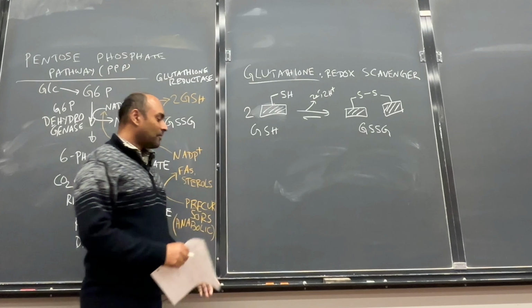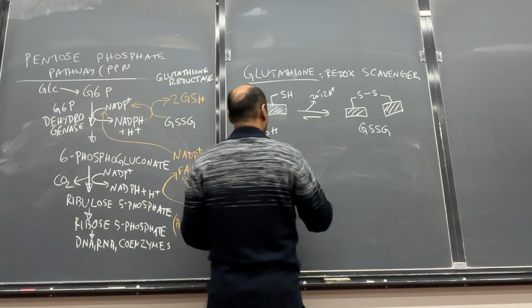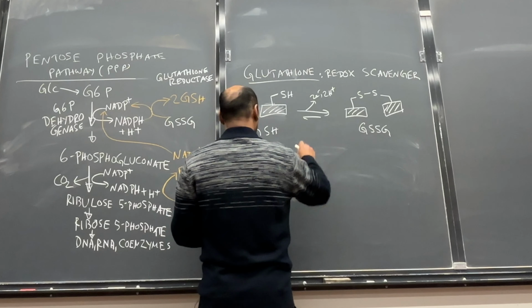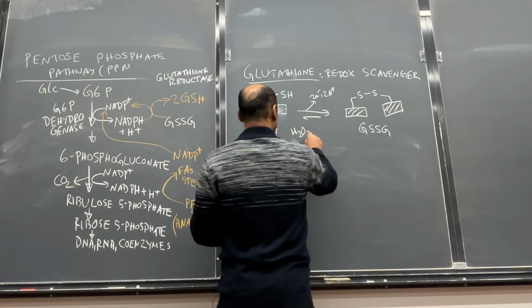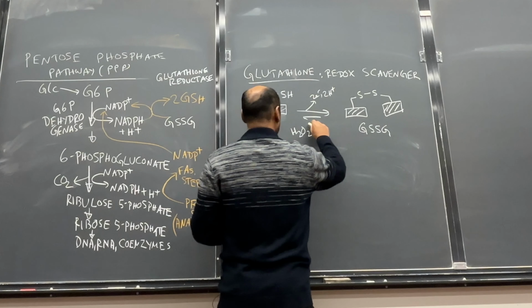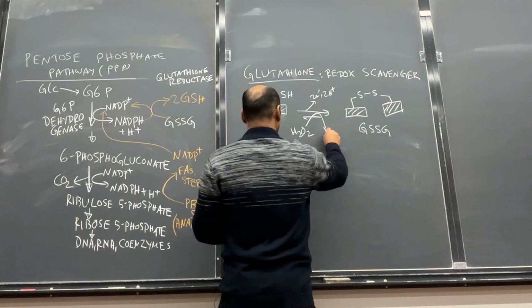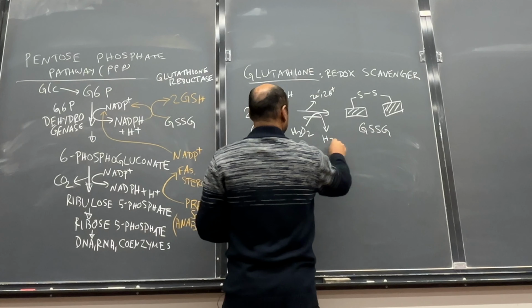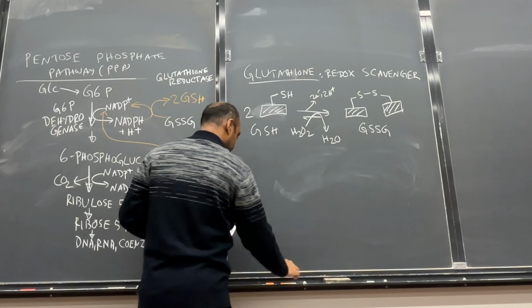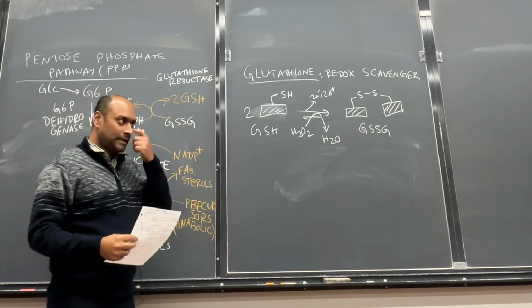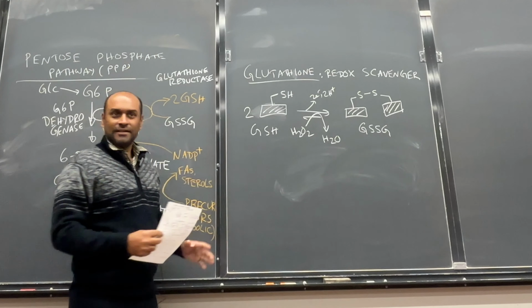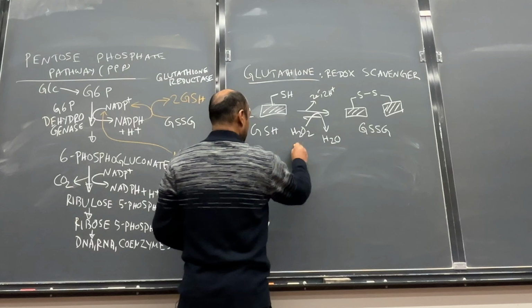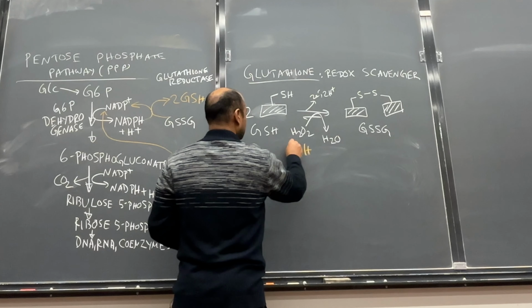And the role of glutathione is to actually protect us from harmful oxidative damage. So what happens is if you have hydrogen peroxide, for example, then you can make water, but hydrogen peroxide is actually not good for us. It also generates these radicals, hydroxyl radicals, right?